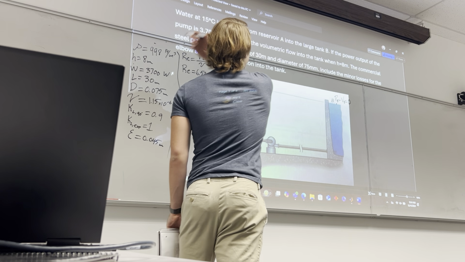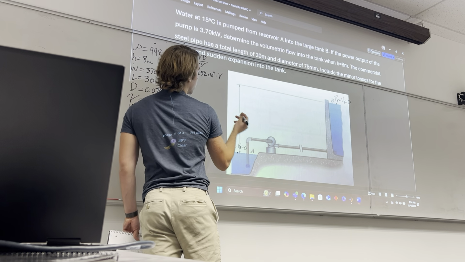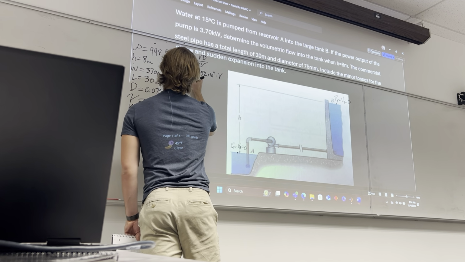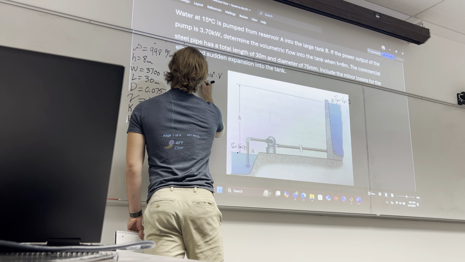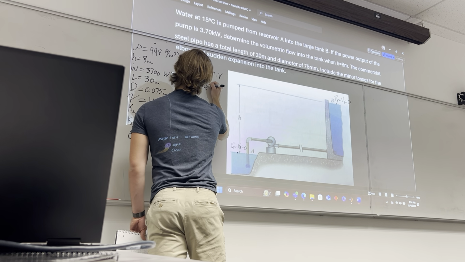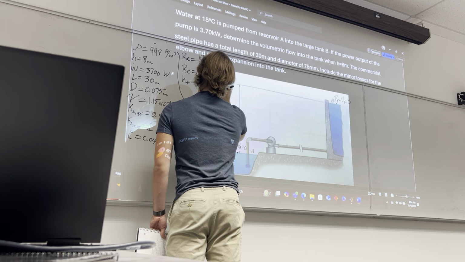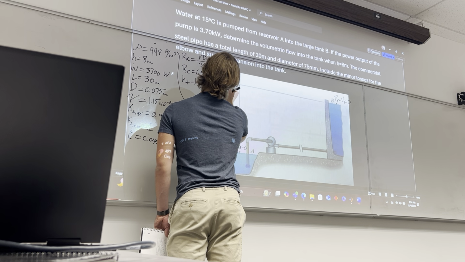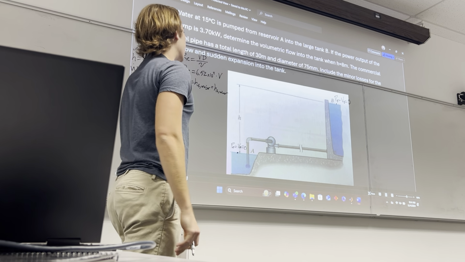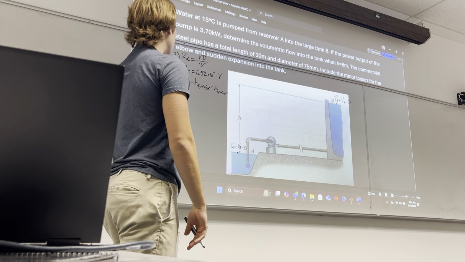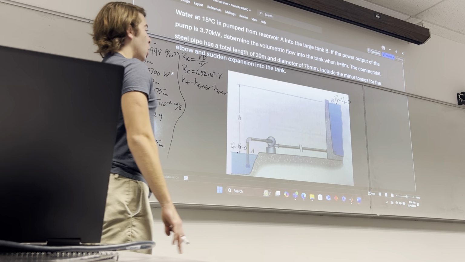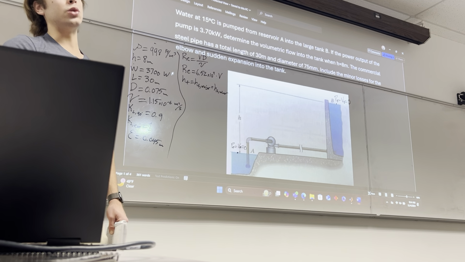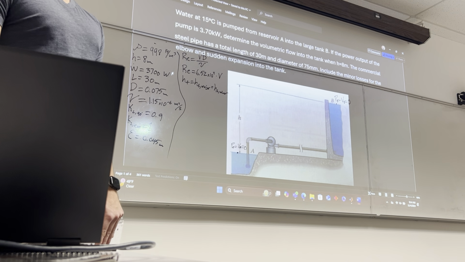So we'll say HF. You usually call the losses HF, and that's equal to HF major plus HF minor. Wow, profound statement right there. But for the two components, the major component is called the Darcy-Weisbach equation or something like that.